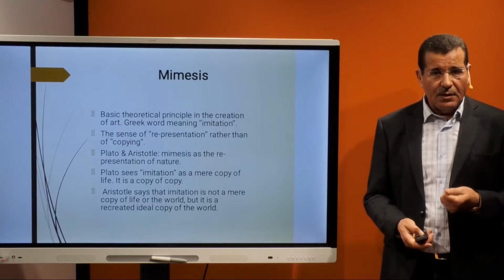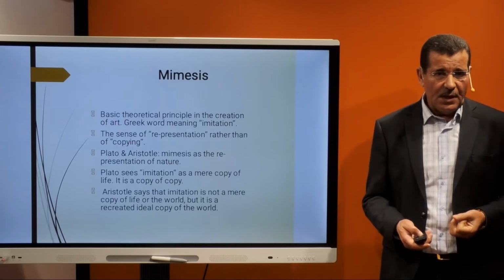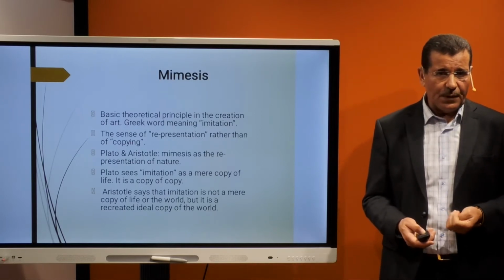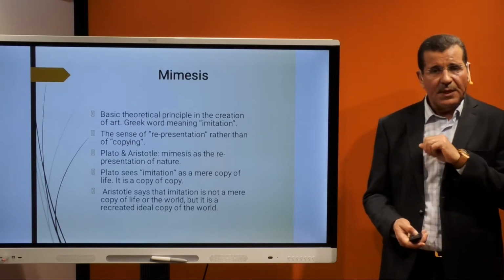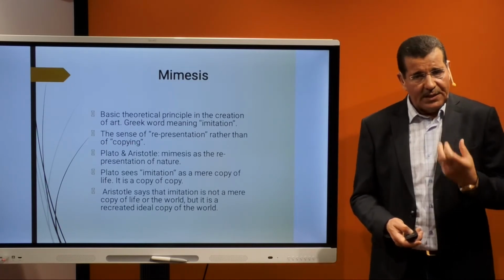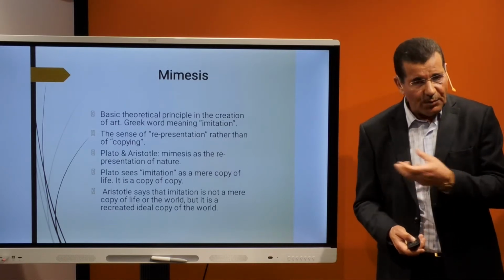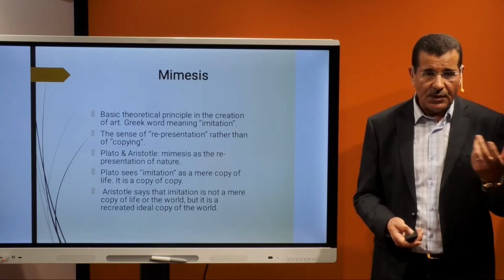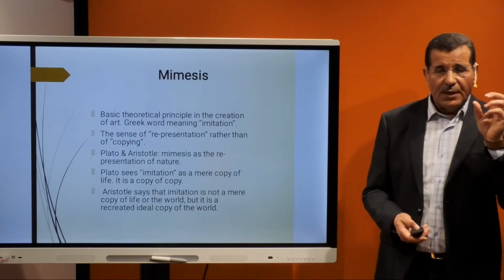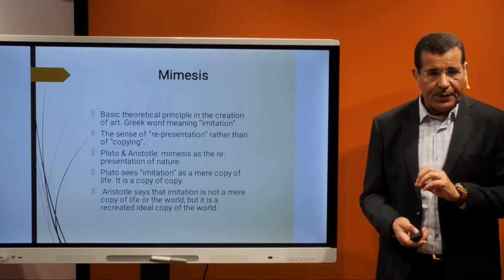The basic point that is debated in mimesis is that it is a basic theoretical principle in the creation of art. Mimesis means imitation, but it includes also the sense of representation rather than copying. Plato and Aristotle see mimesis as the representation of nature, but Plato sees imitation as a mere copy of life.